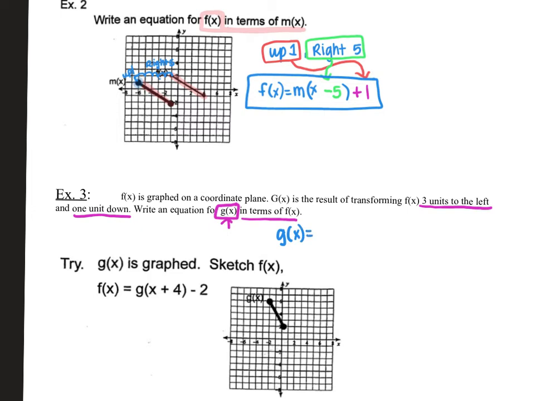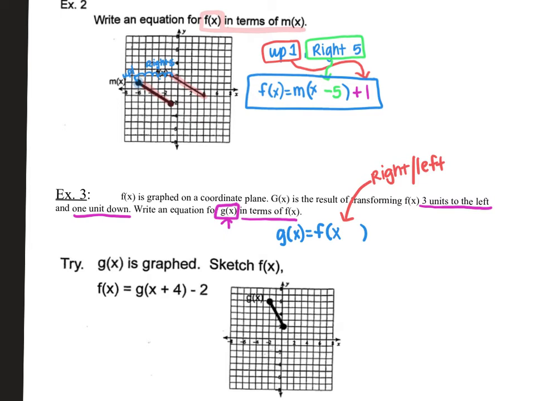Now, it says in terms of f of x, so we have to say f here. Now, we have our parentheses, and we need to figure out what's going to go inside. So what's inside is either going to be right or left. In the sentence, what direction are they moving, right or left?